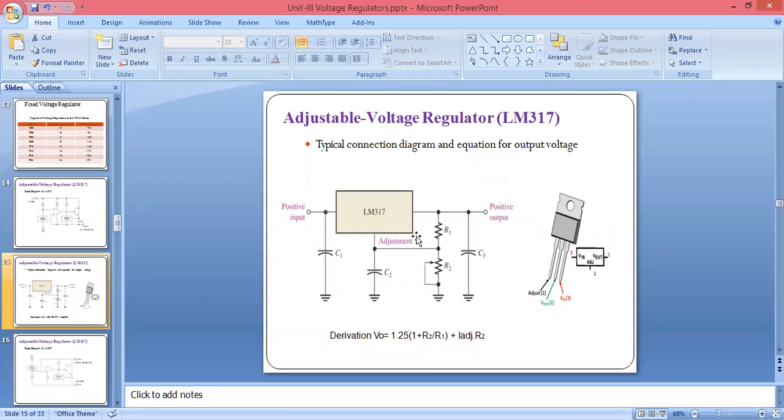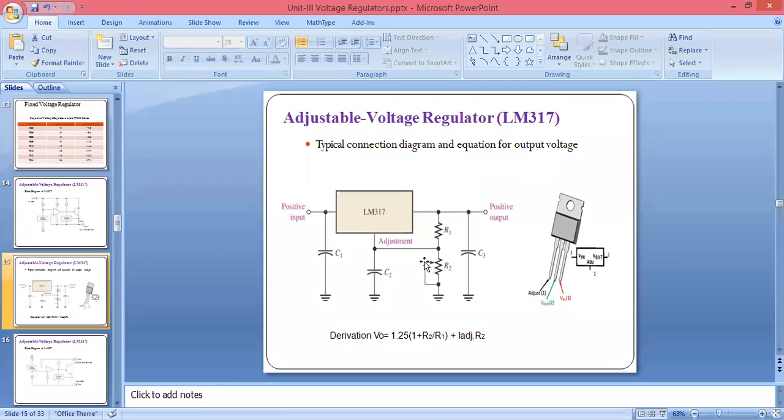So this is the LM317 IC, and the output voltage value will be 1.25 times (1 plus R2 upon R1), where R2 is a rheostat. So here we are using variable resistance.